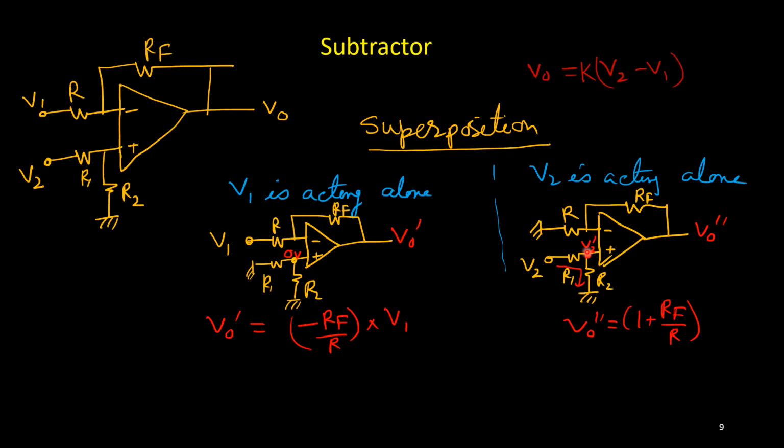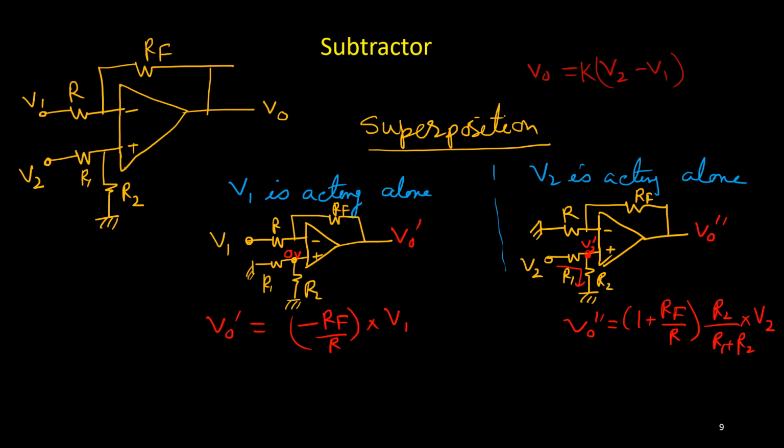And what is V2 prime? It's the potential divider: R2 upon R1 plus R2 times V2. So can I write this thing as R2 upon R1 plus R2 times V2? This is your V2 prime that I have replaced already. So I'll get V0 double prime.